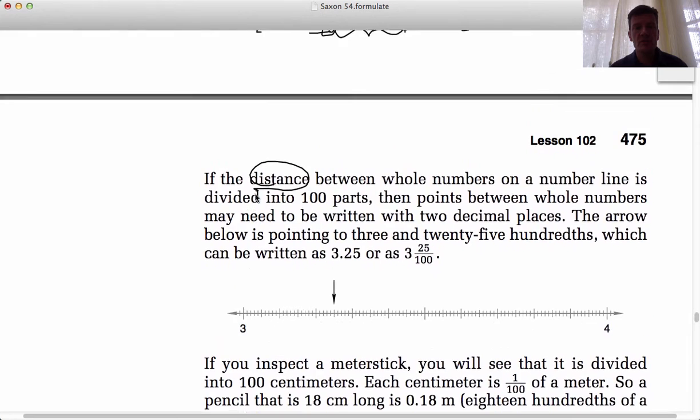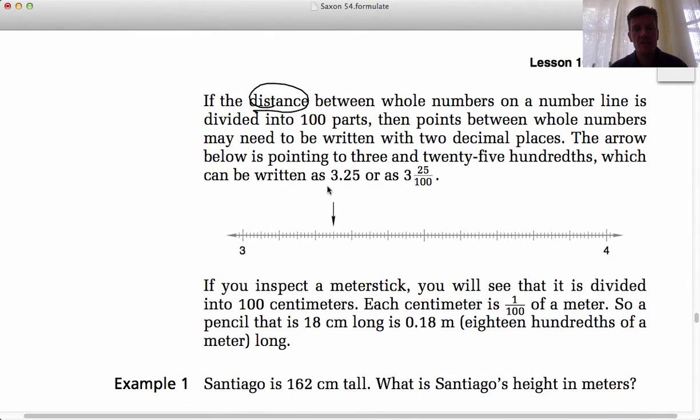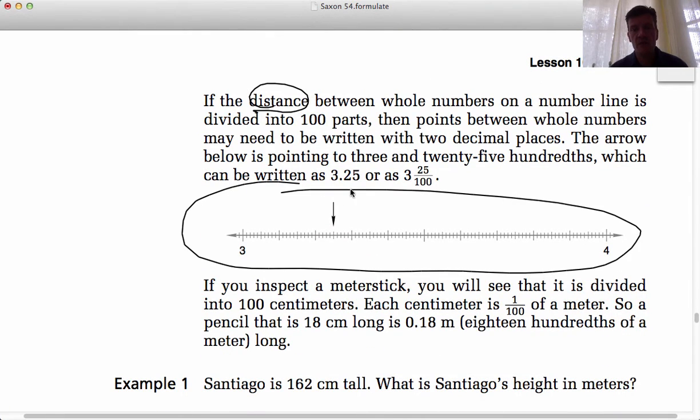If you're able to make even tinier marks, between 3 and 4, if we're able to make 100 equally spaced marks, I can't even draw that, but if you were able to make 100 equally spaced marks there, and now we're going to enlarge it and look here at what that would appear like, we've got 100 marks now between 3 and 4. So that means every mark is going to be a hundredth of the unit.